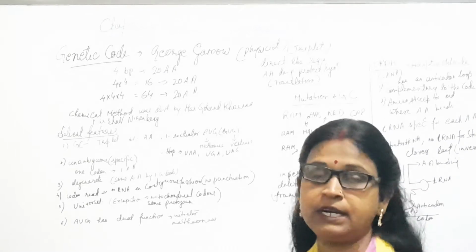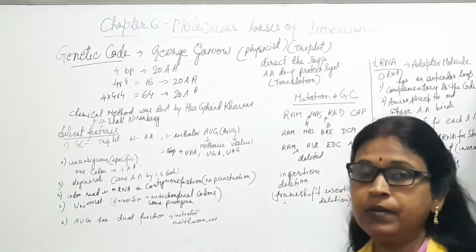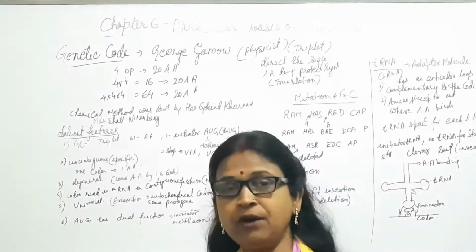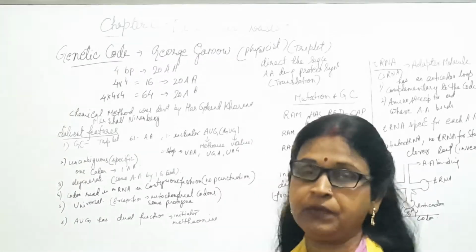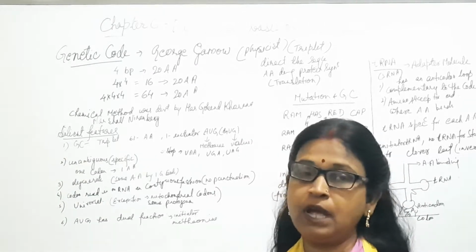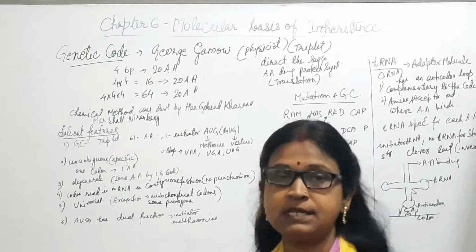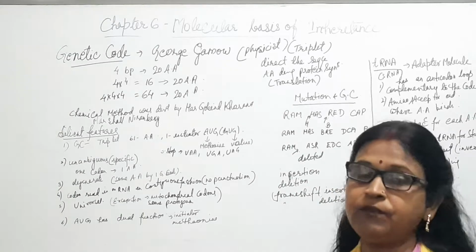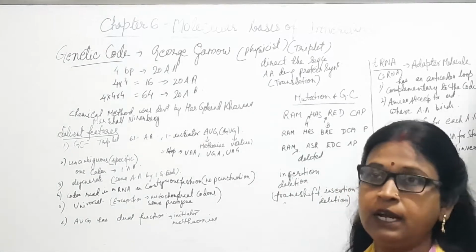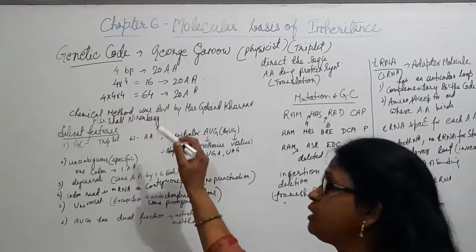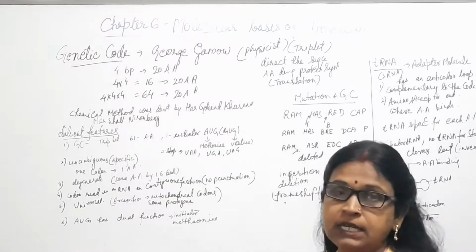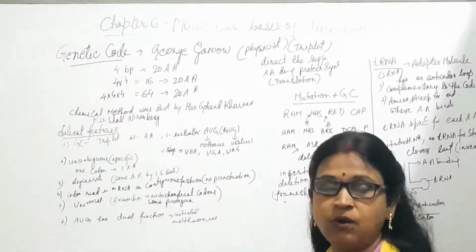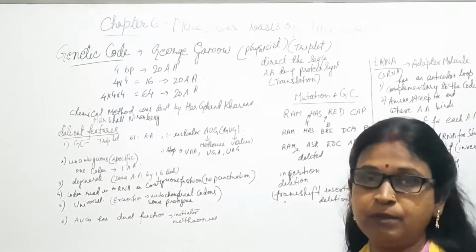Now, what is this genetic code? As we all know, there are 4 nitrogenous bases, but the number of amino acids is about 20. So these 4 nitrogenous bases are not sufficient for coding 20 types of amino acids. It was suggested that it may be in duplet condition, that is 4 into 4, then the number will be 16, and that is also not sufficient for 20 amino acids.